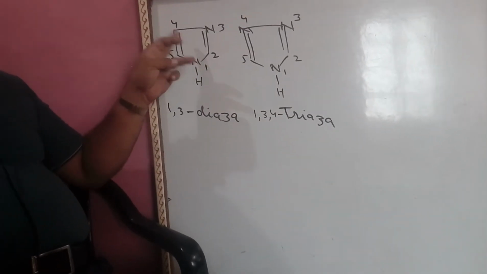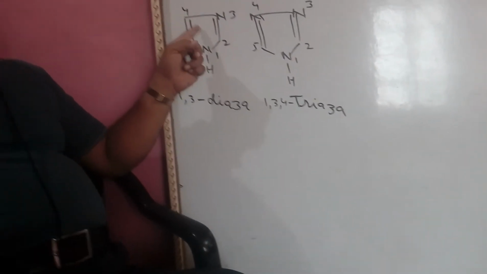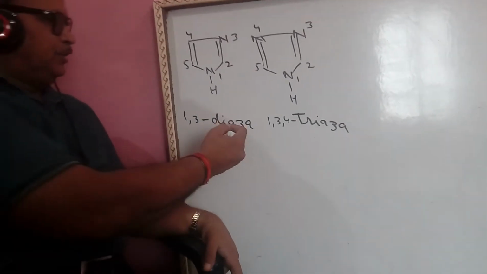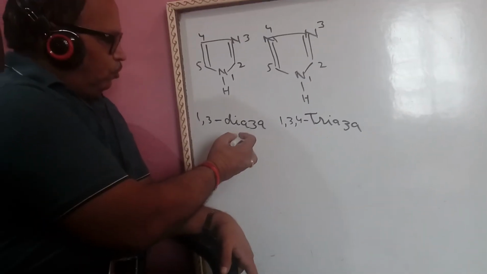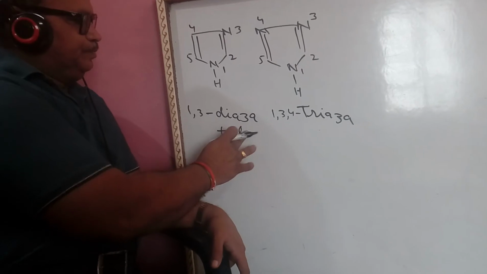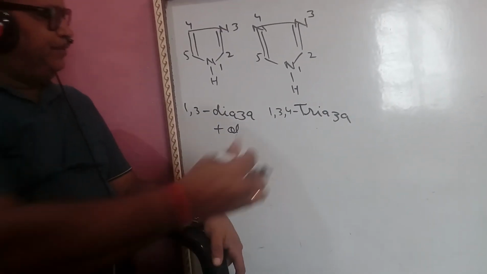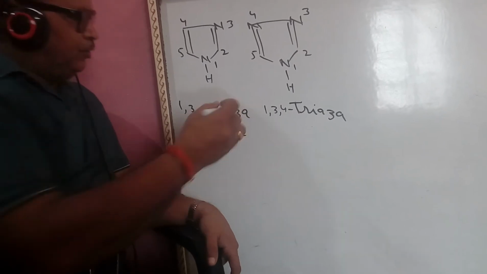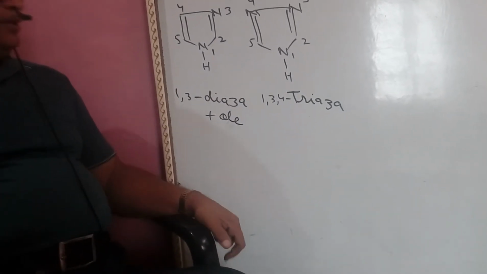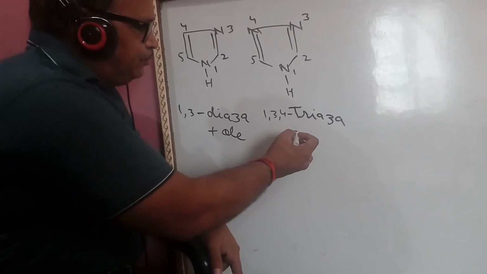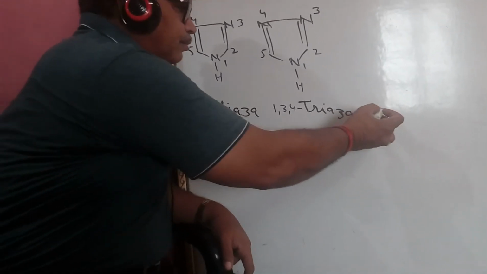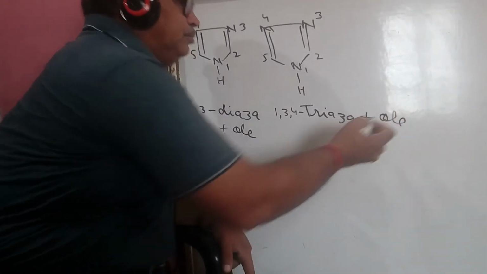Now as we see that the rings are 5 membered, so the stem will be -ol and suffix will be -ole. Similarly the suffix for this compound will be -ole.